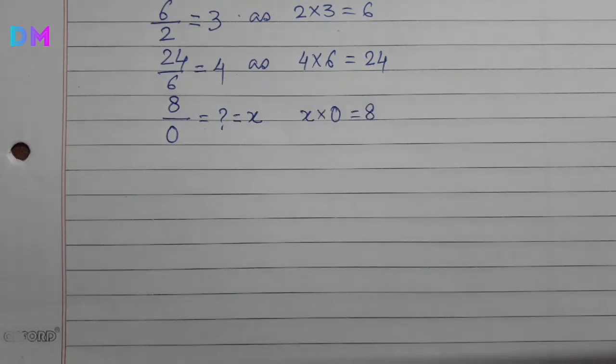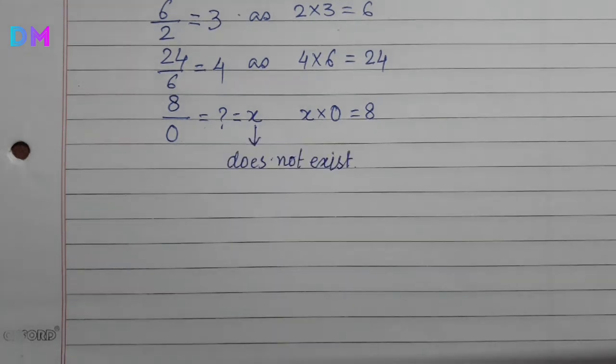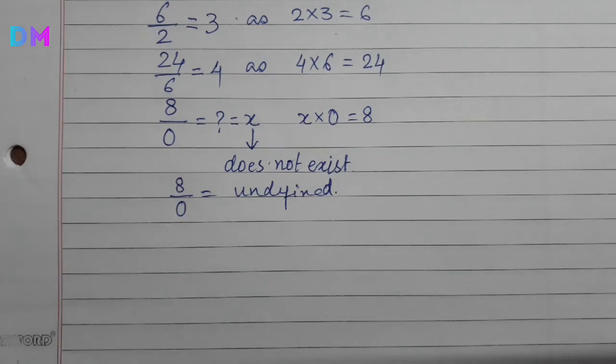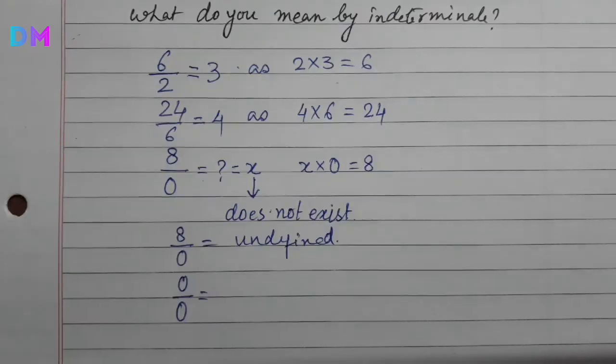Then we can write x into 0 is equals to 8, which is quite impossible, because there exists no real number such that if you multiply by 0 will give a non-zero number. That is, x has no real value. Therefore we can say that x doesn't exist. Therefore we can say that 8 by 0 is undefined.